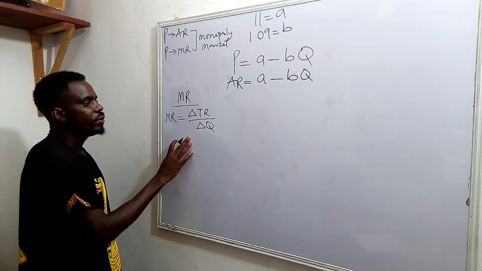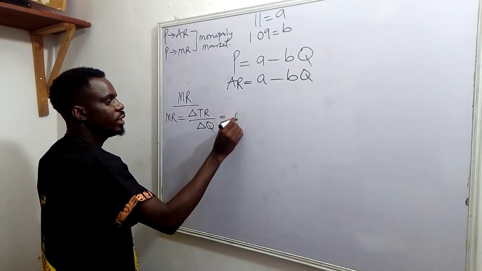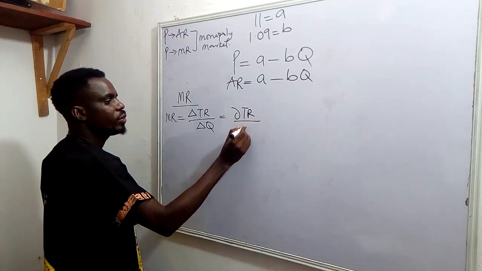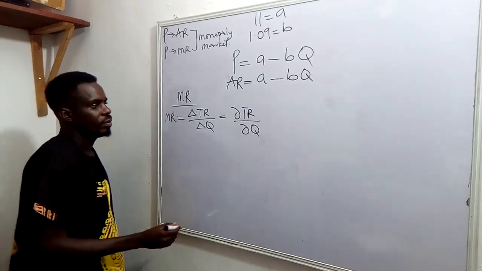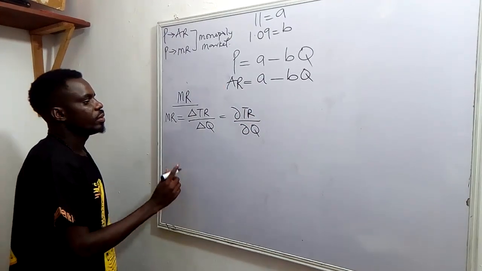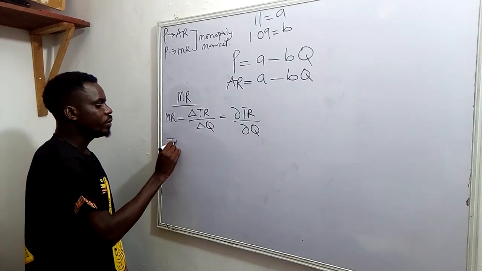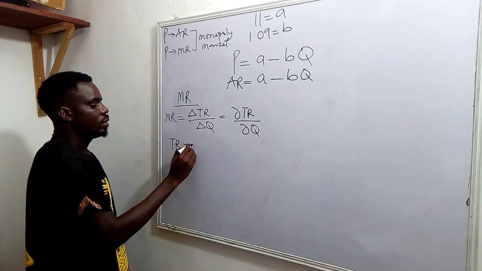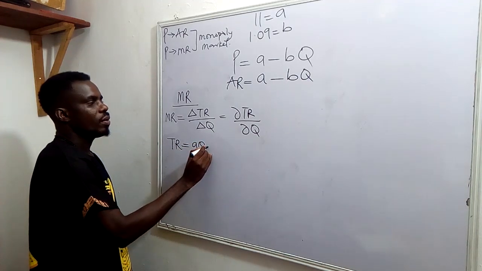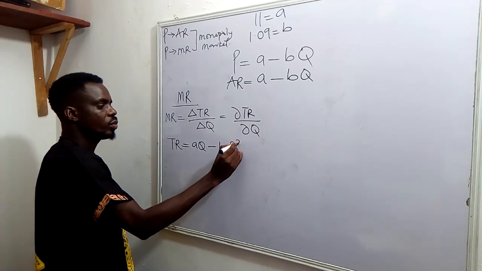The marginal revenue is also the change in total revenue with respect to change in quantity. From the equation, our total revenue is AQ minus BQ squared.